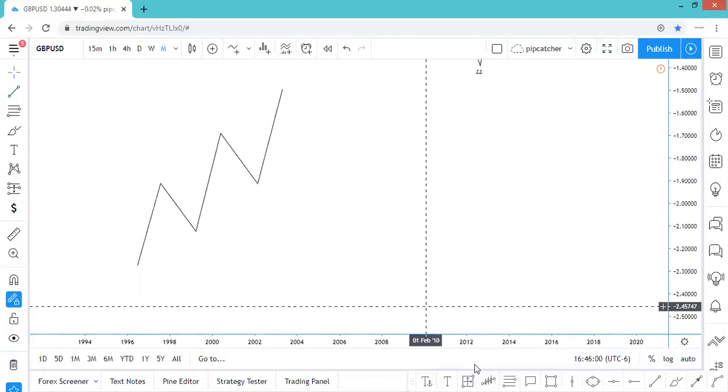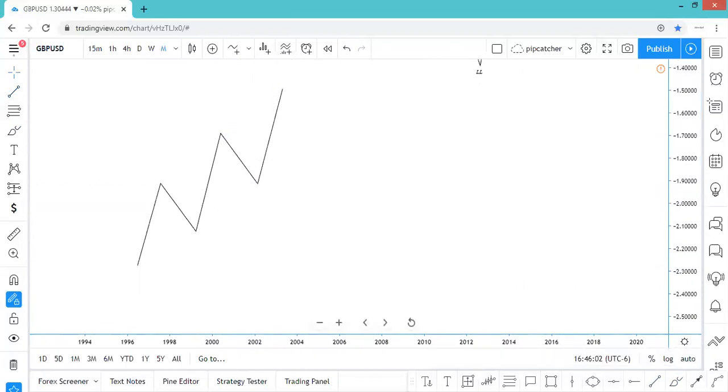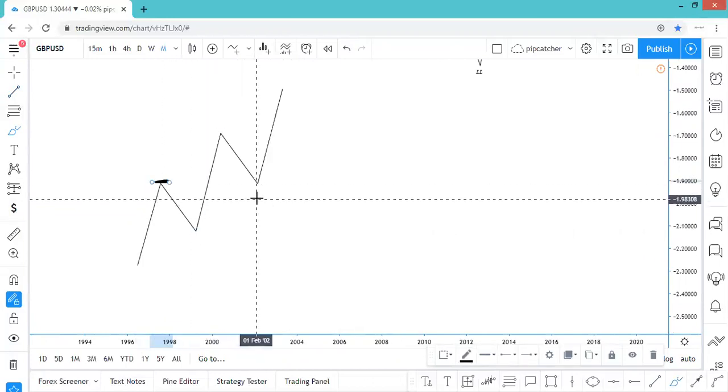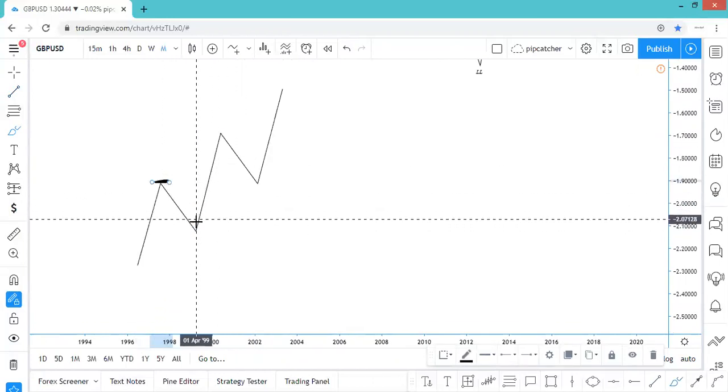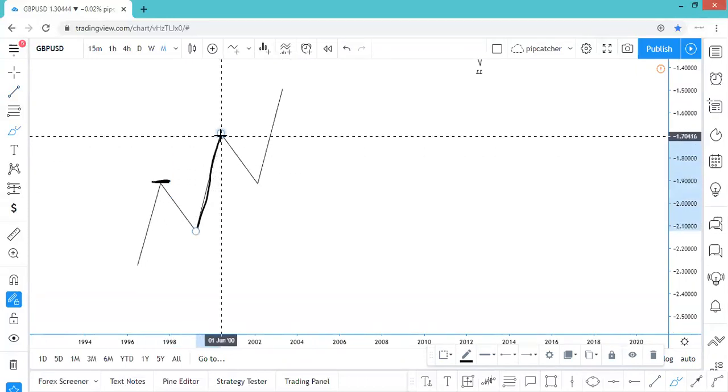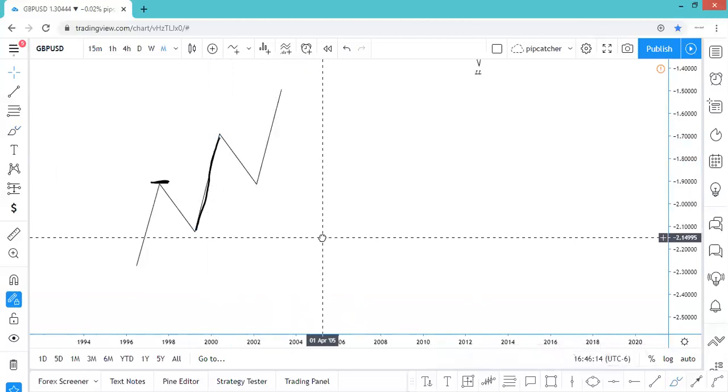This high got broken right here, so this high right here got broken, and on the higher time frame scheme of things, we look like we're in an uptrend, okay?